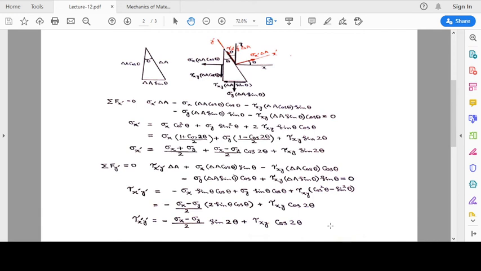So this is how we are going to find the normal and shear stresses on an oblique plane.